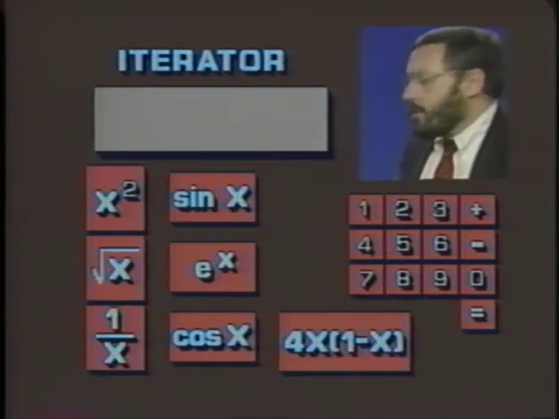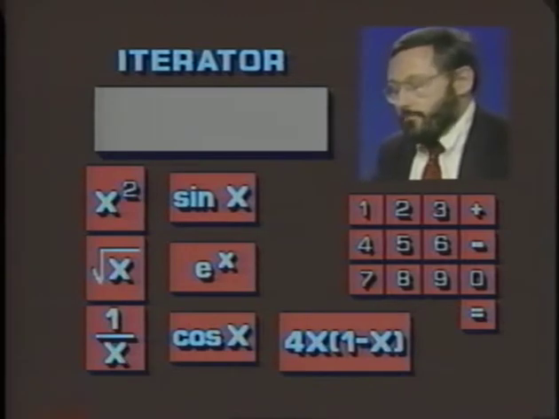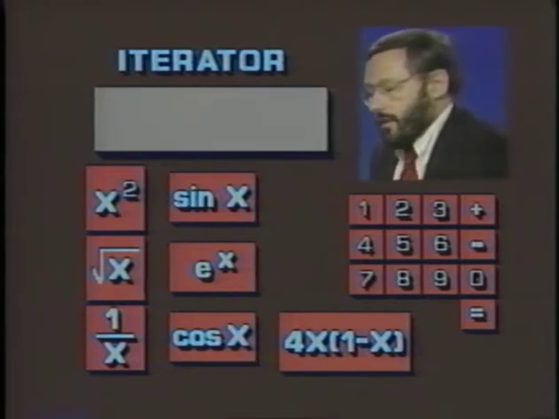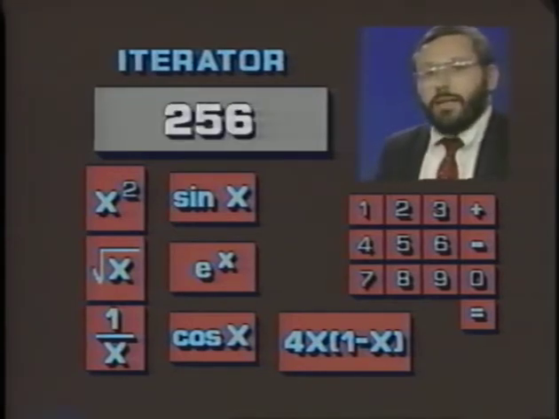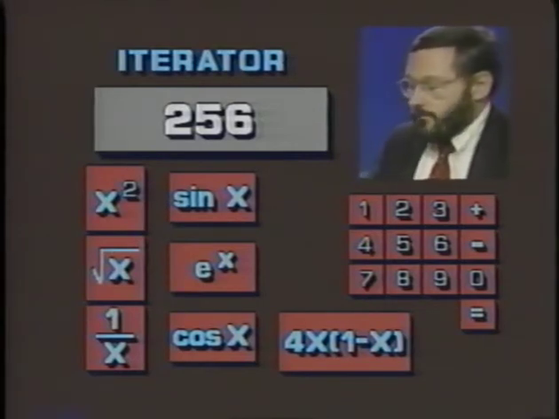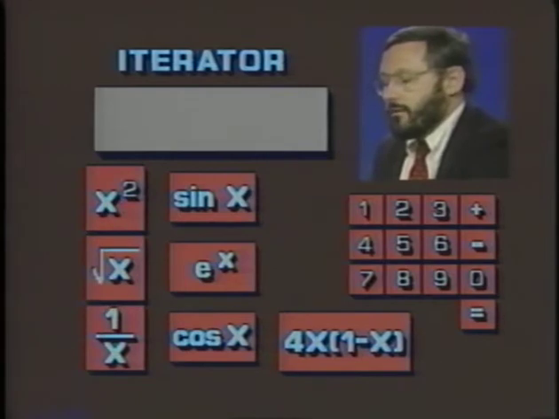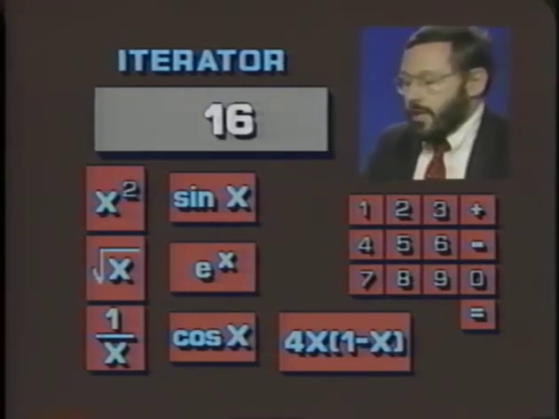How does one do the process of iteration? Well, with that square root example, let's start by inputting our favorite number into the calculator. For example, we might input 256. We then iterate the square root function by first pressing the square root button and then computing the square root of 256. That's 16. To iterate, we do it again.